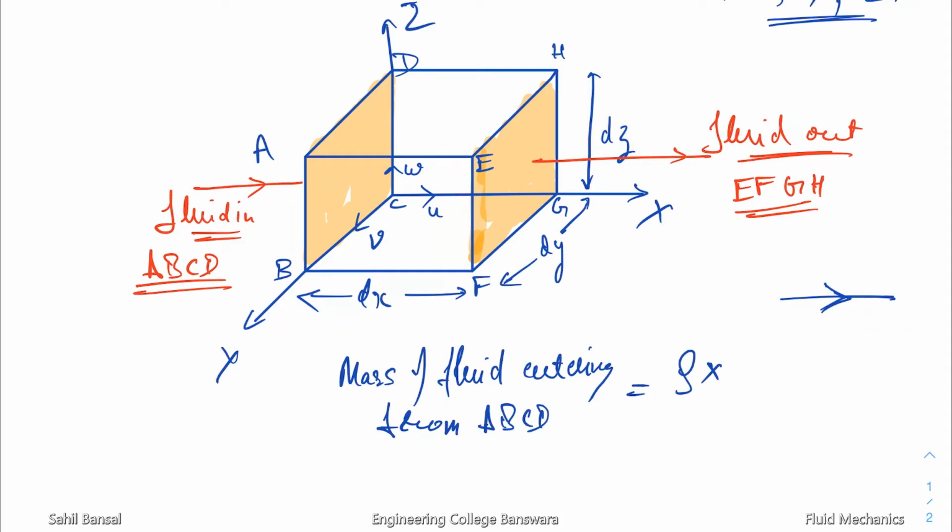What's the velocity in the x direction? u. And what's the area of surface ABCD? It's dy into dz. So the mass of fluid entering from ABCD will be equal to rho times the velocity in the x direction, that is u, times dy times dz.